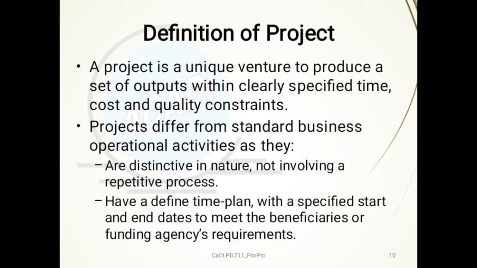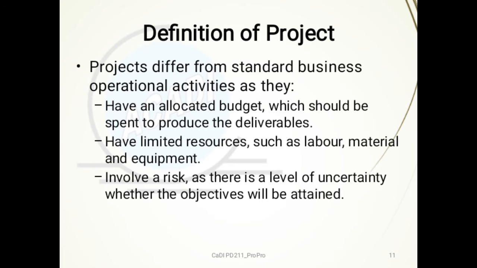Definition of project. A project is a unique venture to produce a set of outputs within clearly specified time, cost, and quality constraints. Projects differ from standard business operational activities as they are distinctive in nature, not involving a repetitive process, have a defined time plan, with a specified start and end date to meet the beneficiaries' or funding agencies' requirements.